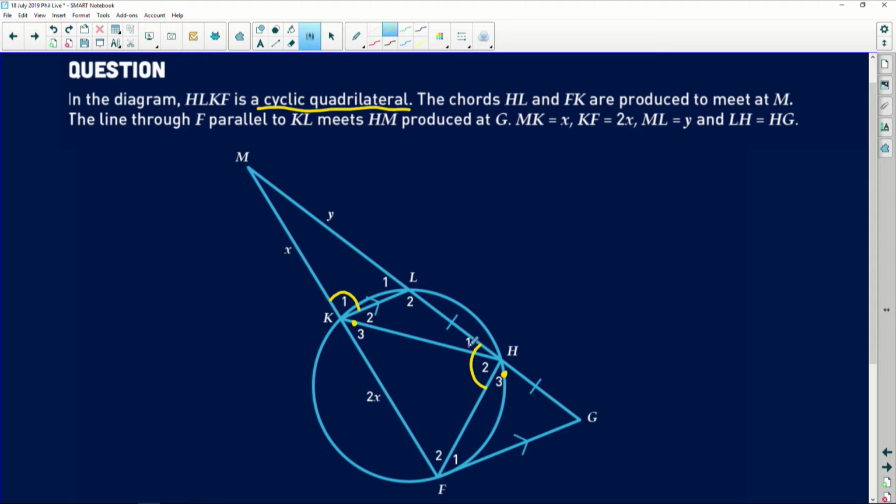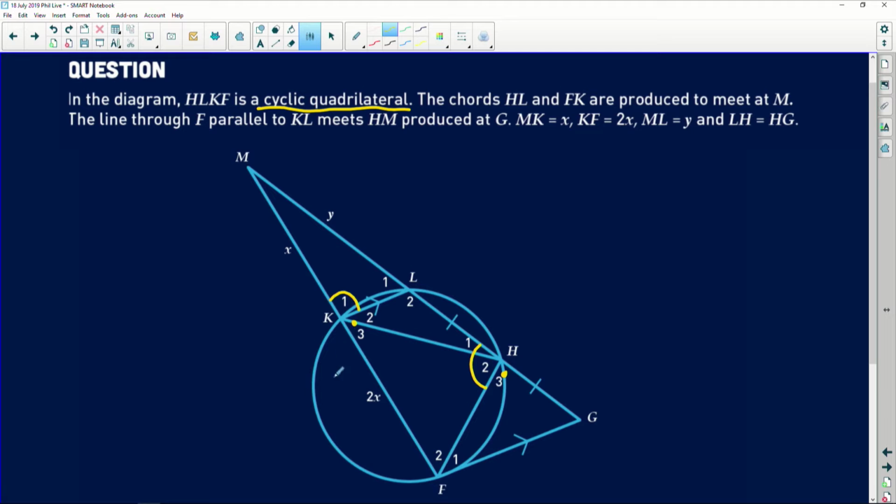So we have HL, which is the chord, and FK, and they've both been extended to meet at this point M outside the circle. The line through F parallel to KL, okay, so the line through F, which is parallel to KL, meets HM, which is this whole line here, produced at G. So if we extend HM, it meets this line here at G. Lastly, it says that MK equals X. This side here measures X units.